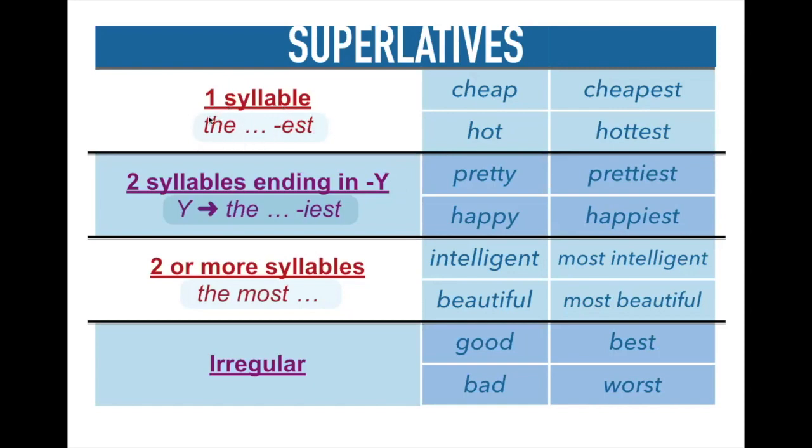We always need the, okay? So cheap, the cheapest. Hot, the hottest. And again, pretty, prettiest, the happiest, the most intelligent, the most beautiful. And for the irregulars, good changes to best and bad changes to worst. So the best, the worst.